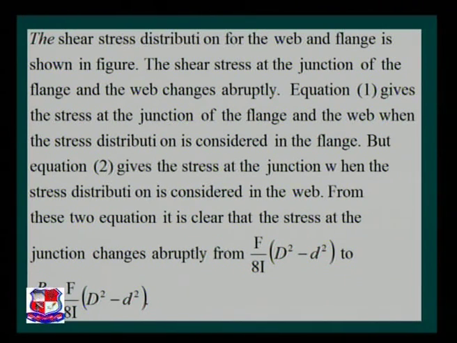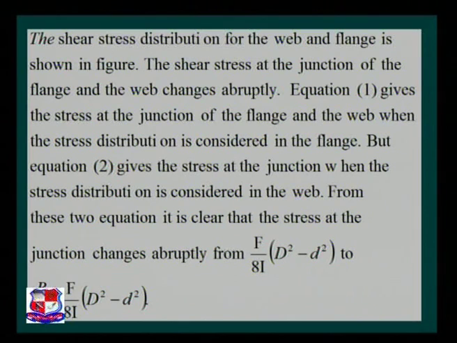Second observation. Equation number 1 gives the stress at the junction of the flange and the web when the stress distribution is considered in the flange. But equation number 2 gives the stress at the junction when the stress distribution is considered in the web.